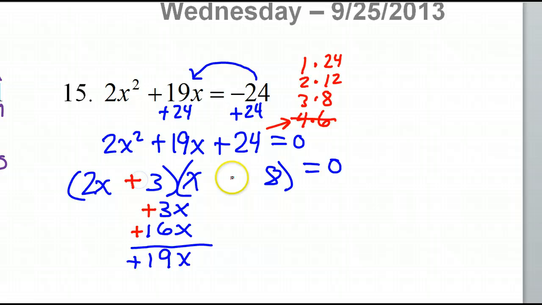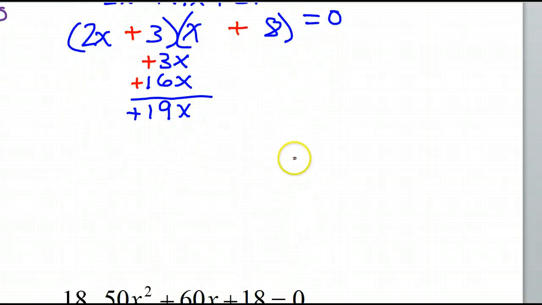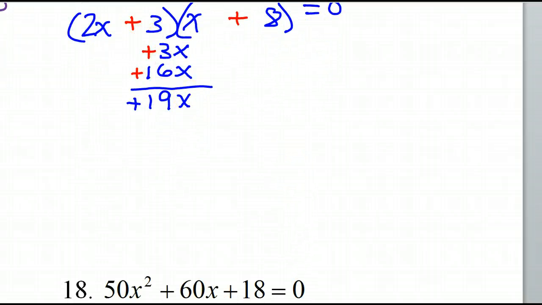So there's my positive 3. This will make my positive 16. Also, positive 3 times positive 8 does make positive 24. So this is the correct factorization. Thanks to skipping the ones that cause a GCF, we got there almost immediately. So follow my strategies, people.